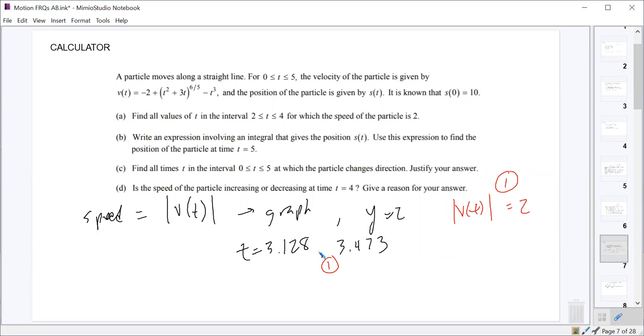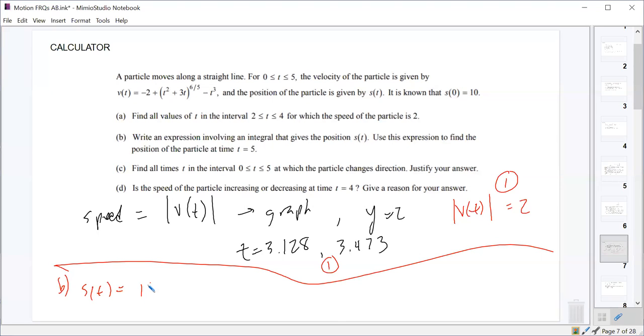Okay. Part B here is write an expression involving an integral that gives the position s of t. So we just want an expression that gives the position, and then we want to use that to find the position at 5. And so our expression should be s of t is equal to the initial position, which is 10, and it's 10 at 0.